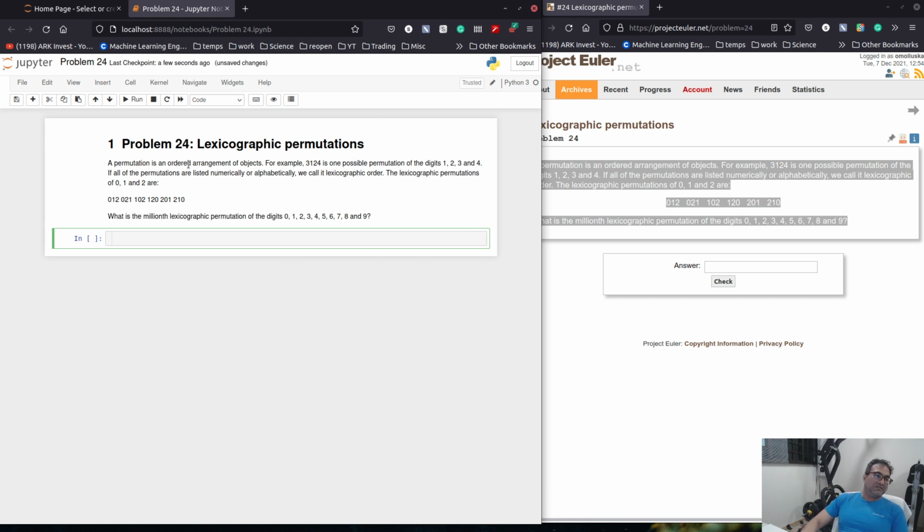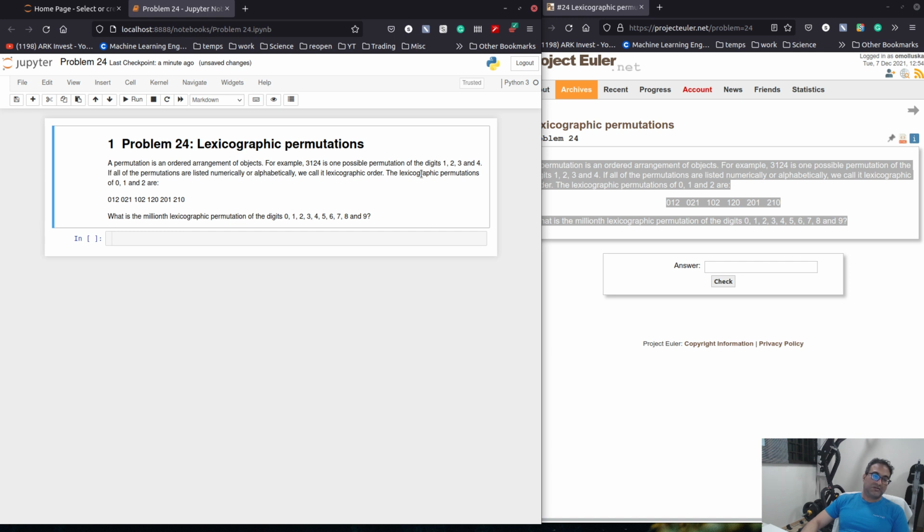A permutation is an ordered arrangement of objects. For example, 3, 1, 2, 4 is one possible permutation of the digits 1, 2, 3, and 4. Okay, so that's one ordering of the digits. If all of the permutations are listed numerically or alphabetically, we call it lexicographic order.